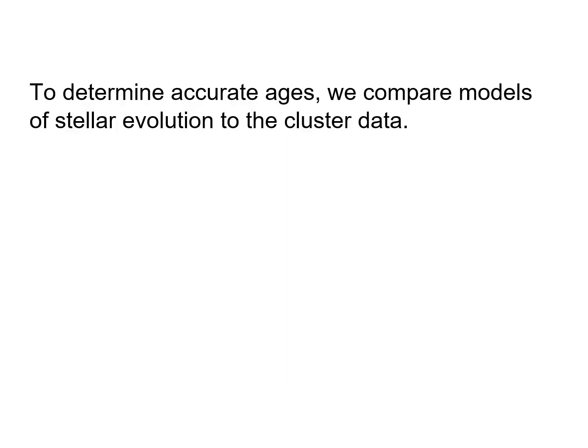To determine accurate ages of stars and of clusters, we compare models of stellar evolution to the cluster data. Models of stellar evolution get into how we know what those lifetimes are, the green writing on the HR diagram to begin with.